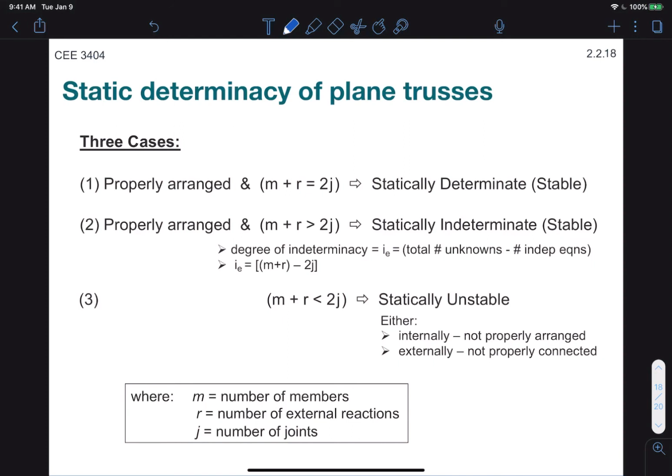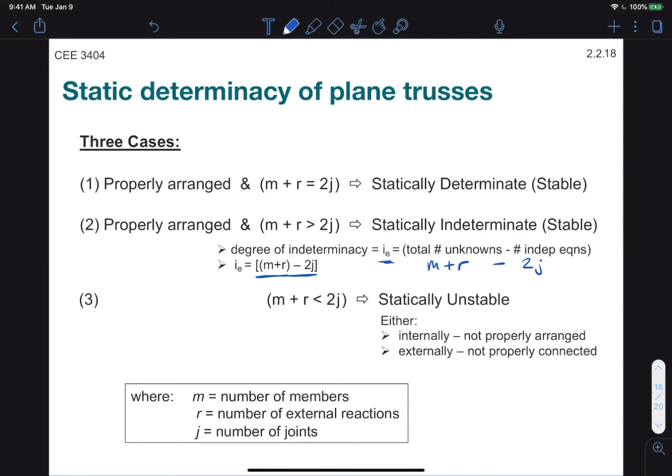The degree of indeterminacy is how many unknowns you have left to solve for. We call that IE, and it's simply the difference between your total number of unknowns and independent equations. In other words, M plus R minus 2J. Oh, look at that. It's over here.